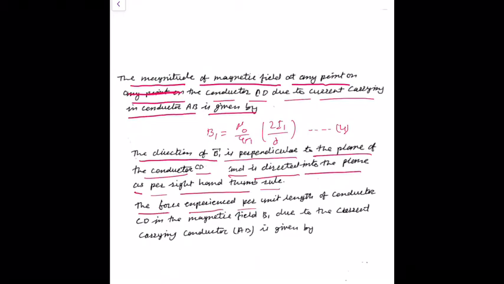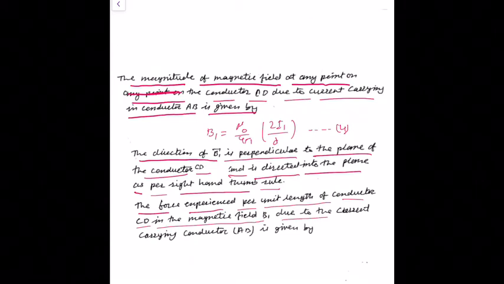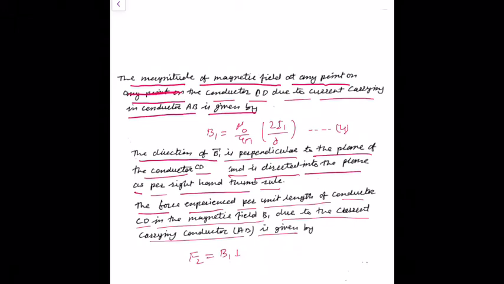The force experienced per unit length of conductor CD in the magnetic field B1 due to the current carrying conductor AB is given by F2 is equal to B1 I2.